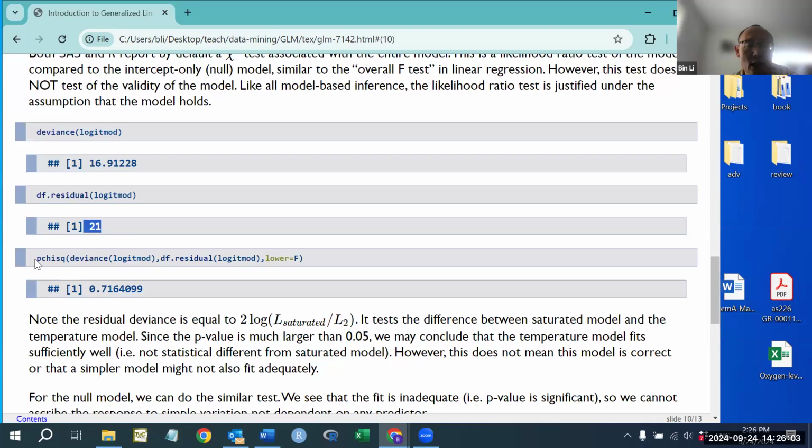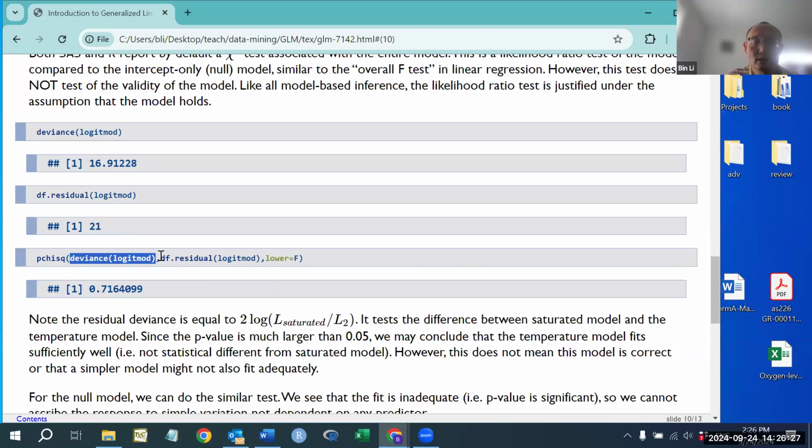In R, the p-value for the chi-square distribution is available in the pchisq function. Okay, so that shows the probability under the chi-square distribution.